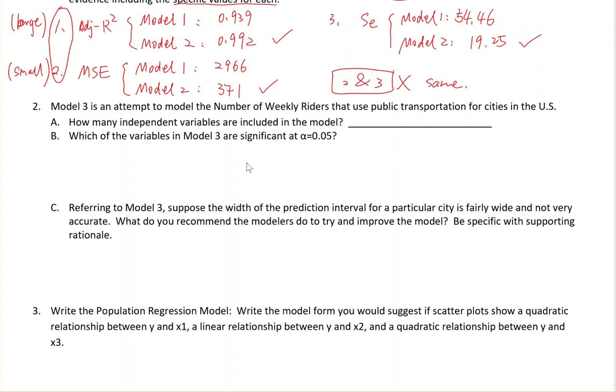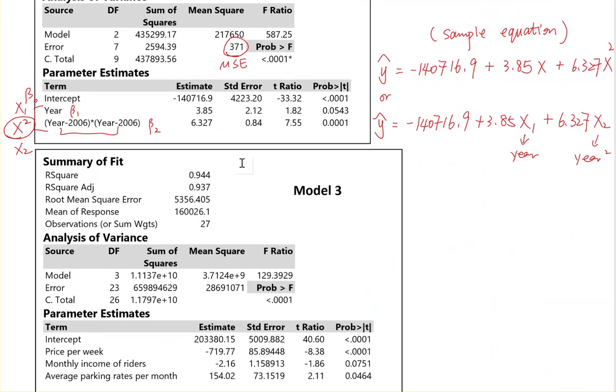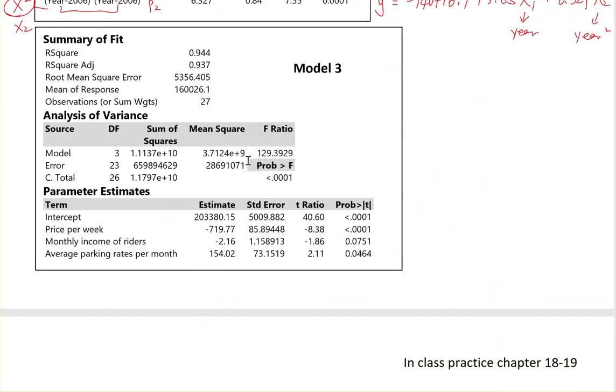All right, so let's look at Model 3. All right, without the output, I don't know what's going on, right? Okay, so actually, this is Model 3, right? So we want to model the number of weekly riders using how many explanatory variables? Where do you find the information?